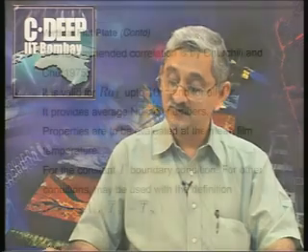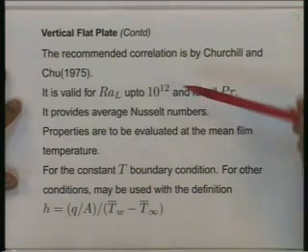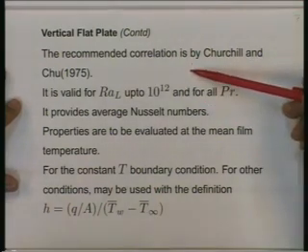This being a basic situation, a number of correlations have been available since long. However, the currently recommended correlation, which is validated against experimental data over a wide range of Rayleigh numbers and Prandtl numbers, is that by Churchill and Chu, published in 1975.